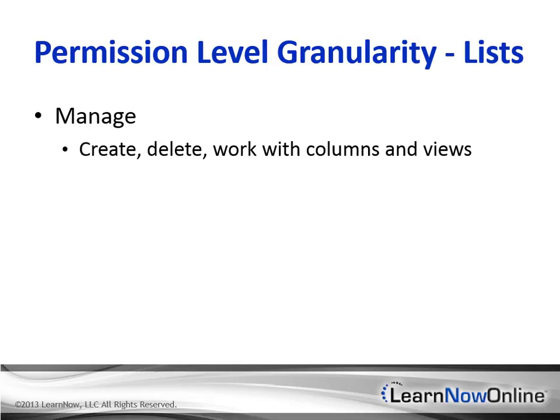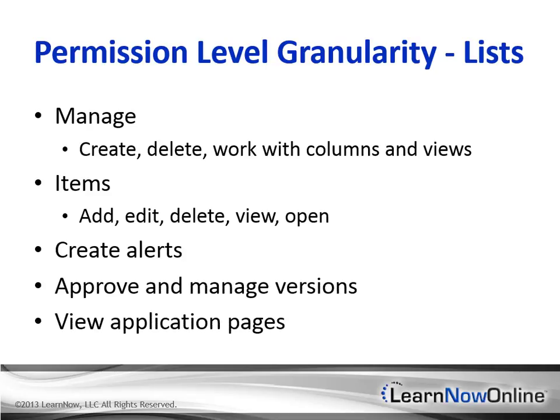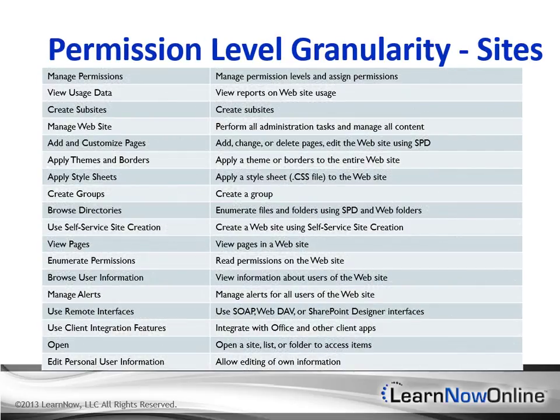Permissions for lists include manage, so you can create, delete, and work with columns and views; items, for adding, editing, deleting, and viewing; create alerts; approve and manage versions; view application pages; and enumerate lists. You can see there are quite a few here.